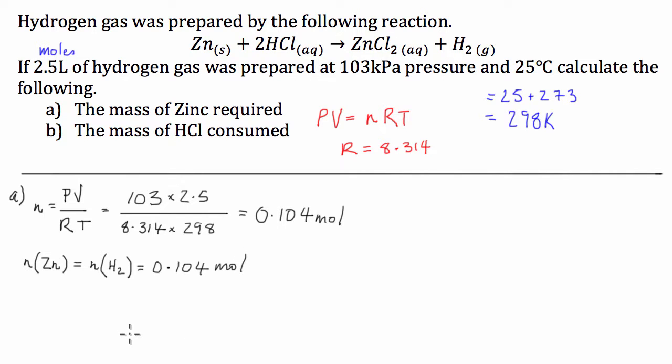Cool. So finally, for part A, we need to work out the mass of zinc. So the mass of zinc is equal to the number of moles times the molar mass, which is equal to 0.104, and the molar mass of zinc is 65.38.